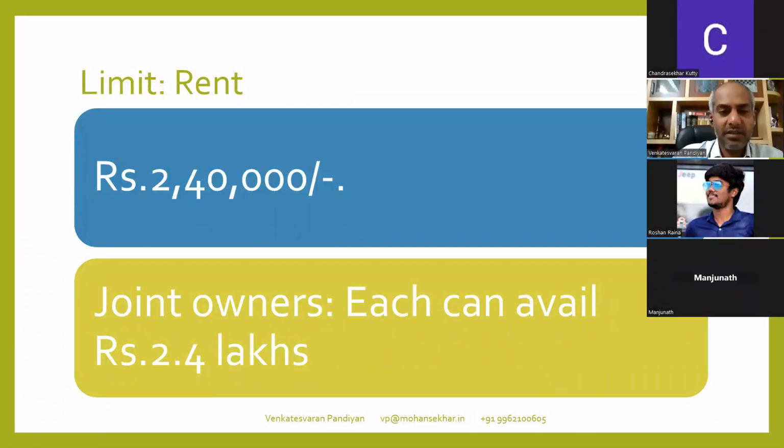So for instance, to take a building on rent which is owned by two owners, 2,40,000 into 2, 4,80,000 will be the limit, and it is to be applied on individual owners. So it's a very good provision, so that if they are joint holders, the limit gets extended, and they also get the benefit of sharing the rent.